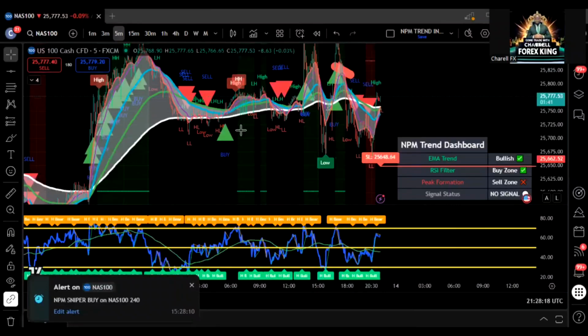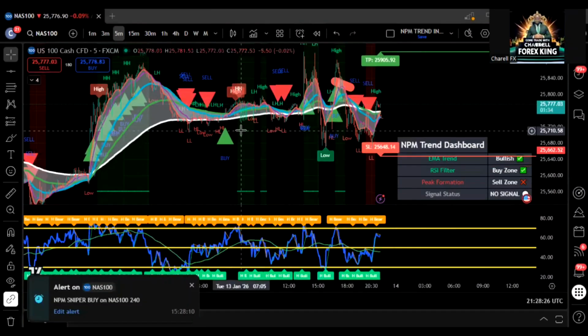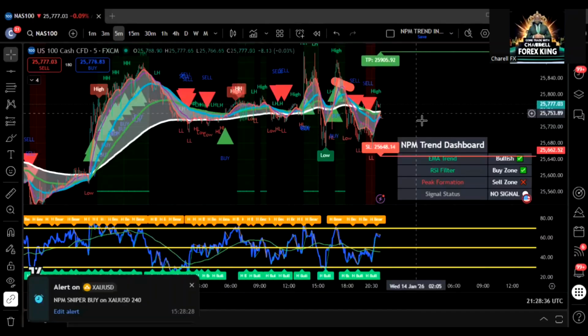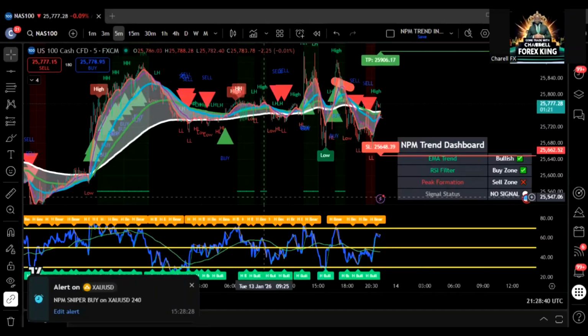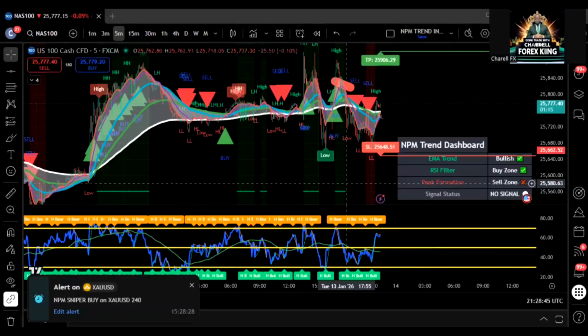And that's all included in the NPM Trend Indicator, which is on my website in the link under the description. But let's get back to this. I would suggest you use NPM Trend Dashboard because you can see.